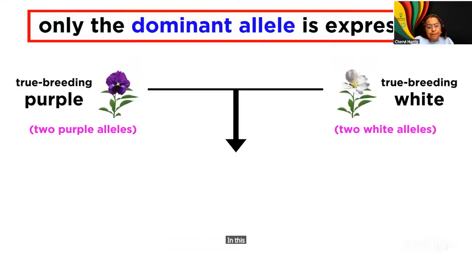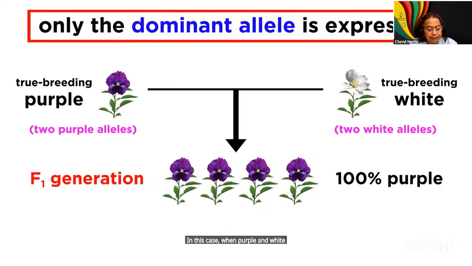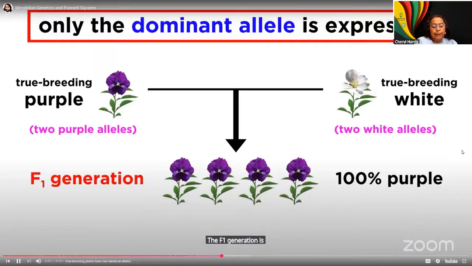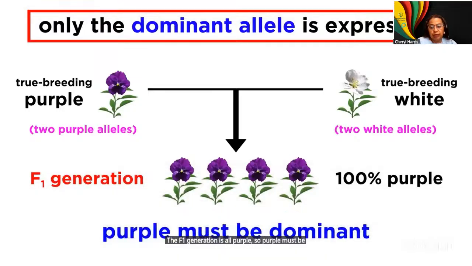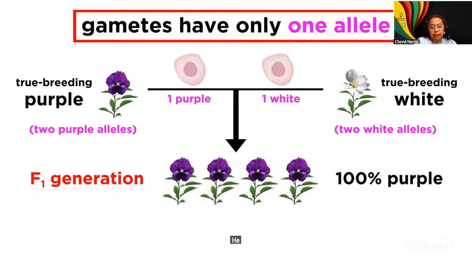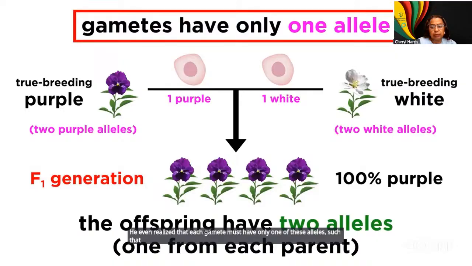In this case, when purple and white are hybridized, the F1 generation is all purple, so purple must be dominant. He even realized that each gamete must have only one of these alleles, such that when each plant is fertilized, one of any of the possible combinations of alleles will result. This is the law of segregation.